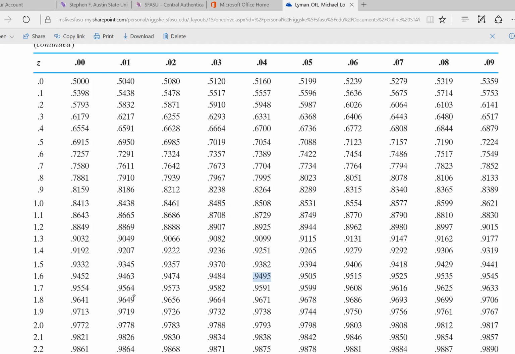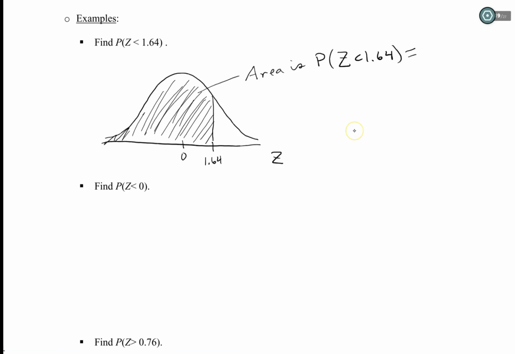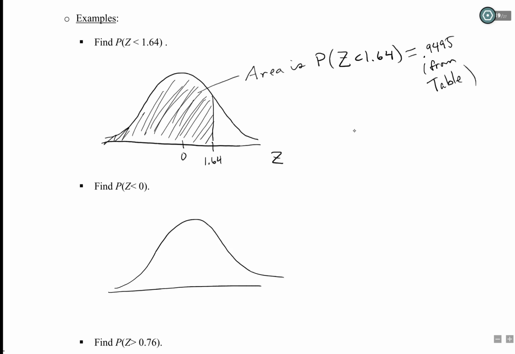And so if I go back to my PDF here, that's 0.9495, and this is from the table. Okay. The probability that z is less than 0, that's the area under the bell curve to the left of 0.